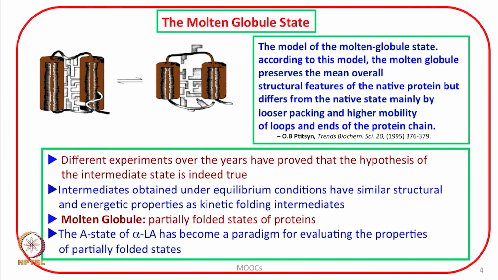The A state of alpha lactalbumin, LA, I am using the abbreviation for alpha lactalbumin, has become a paradigm for evaluating the properties of partially folded states. I will take several examples using the protein alpha lactalbumin. Alpha lactalbumin is a milk protein. It has calcium in it.